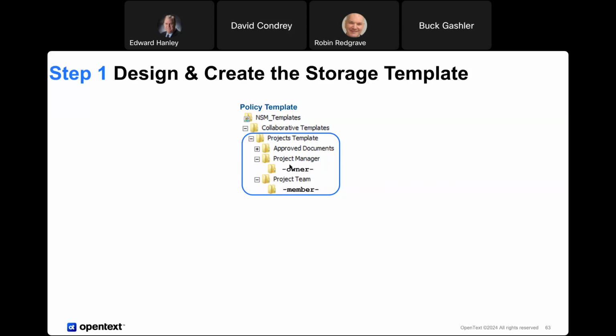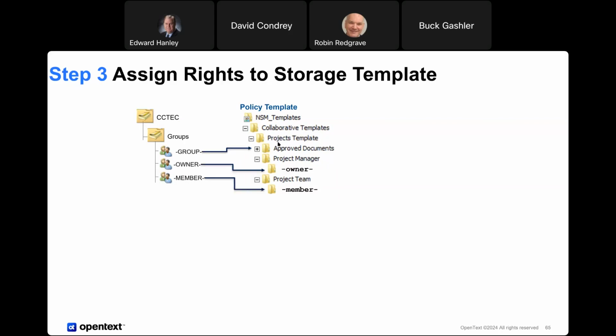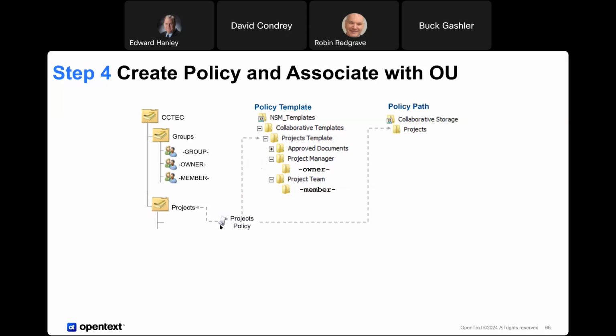So then we create this template. We set up 3 objects in eDirectory: group-owner, group-member, and so on, and we set the permissions for each group that's going to be using this, what permissions we would like them to have. So then once that's done, we set up our policy.